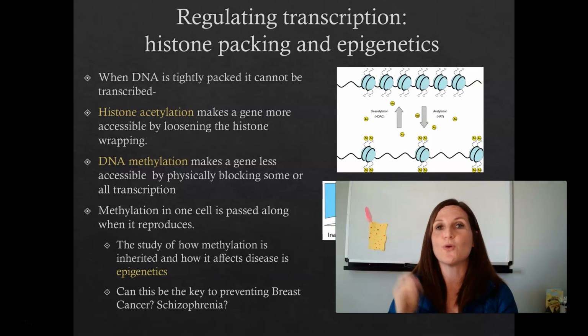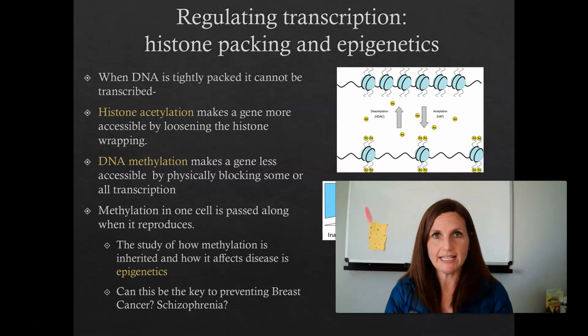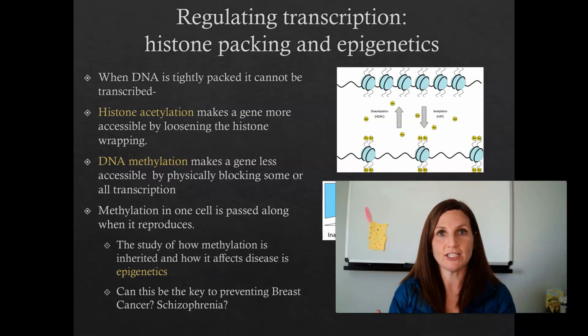So quick recap, in order to get gene expression, we want lots of histone acetylation and very little DNA methylation. You should write that down. In order to get gene expression, we want lots of histone acetylation and very little DNA methylation.